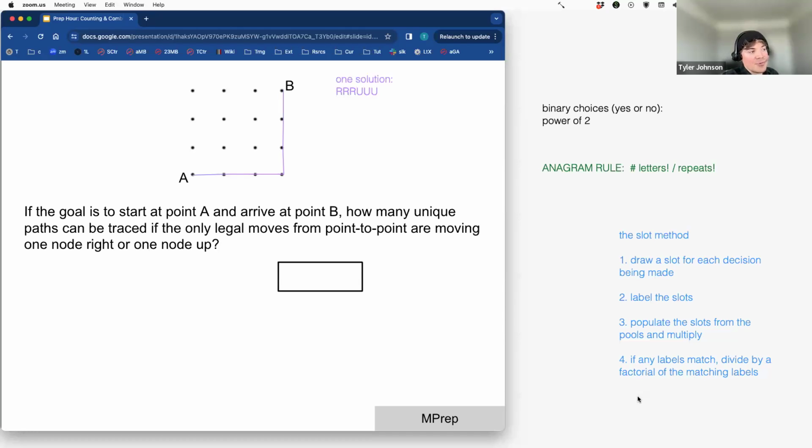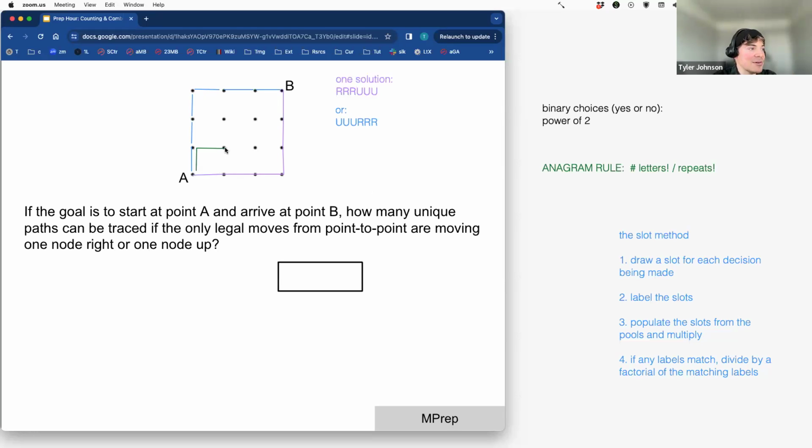So one potential route I have from A to B, if I can only move right or up, would be to move right 3 times and then up 3 times. Or I could do the opposite. I can move up 3 times and then right 3 times.